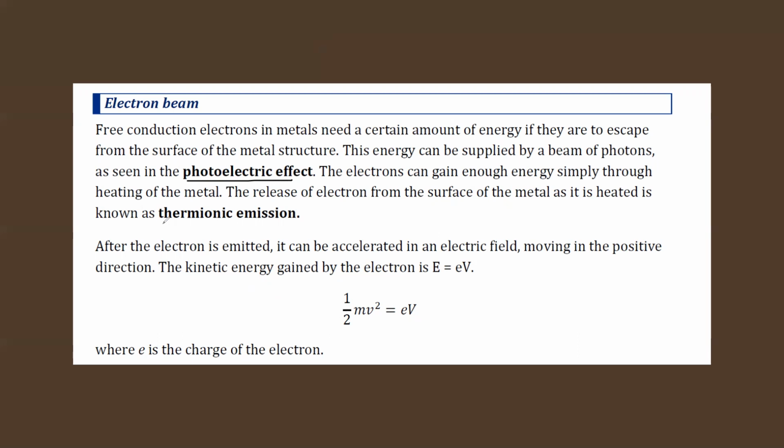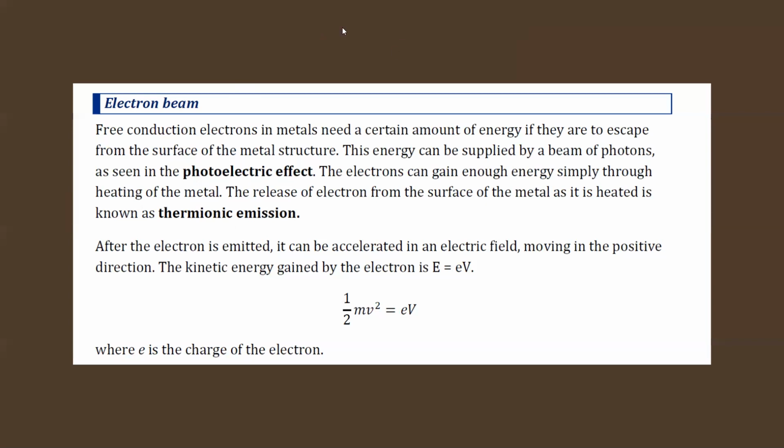Or thermionic emission can also be done. When we supply heat energy, the metal tends to lose electrons from its surface. We call that thermionic emission. In both ways we can release electrons, and then we can use an electric field to accelerate the electrons, and we can use this beam of electrons to investigate the matter.